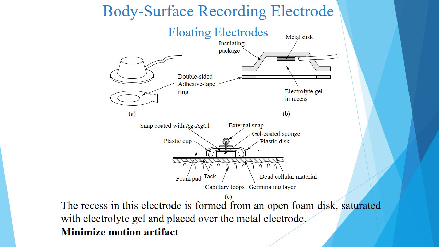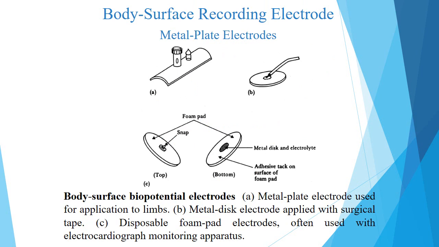That is, the contact is made through an electrolyte. By means of this electrode, movement artifact is eliminated, and this is called a liquid junction electrode. In this presentation, we are going to see the metal plate electrodes and the adhesive tape electrode.